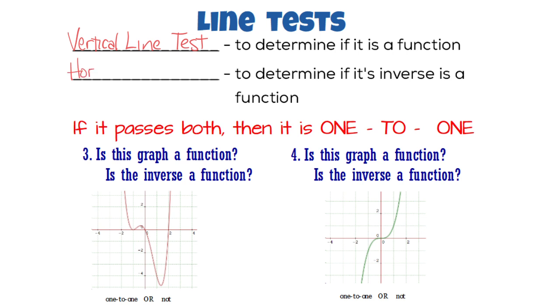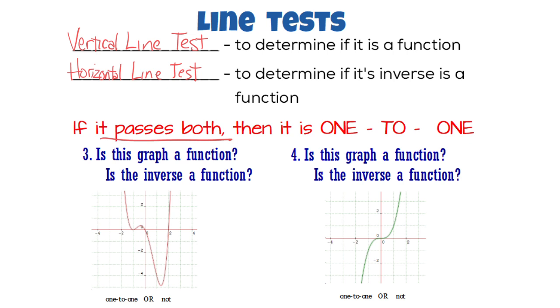If you run a horizontal line test through the graph and it only hits your graph one time, then the inverse is going to be a function. So for something to be 1 to 1, we really want it to be a function and we want its inverse to be a function. So it has to pass both line tests for it to be considered 1 to 1. And that's maybe the easiest way to think about some of these.